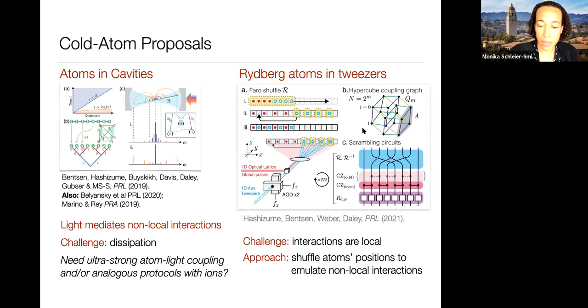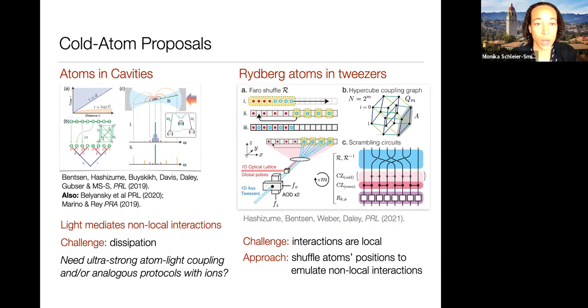A point that has been recently made is that you can take the atoms and move them around, and that's actually possible. Each one is trapped at the focus of a laser beam, and there are ways of moving them around. Then, by the time dependence, I have nearest neighbor interactions at some time, but at some later time, the second neighbors or fourth neighbors start to talk to each other.